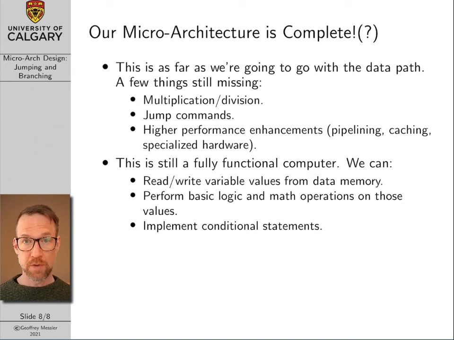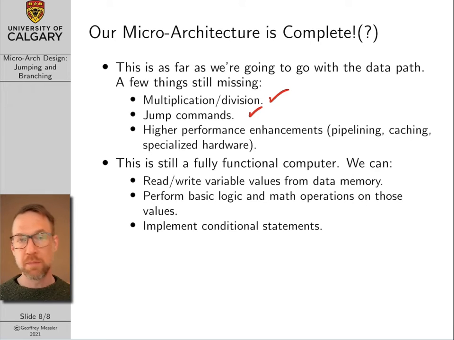There's a bunch of different calculation instructions, a whole bunch of different branch instructions, and a bunch of other ones that we haven't really touched on. Some notable omissions: we haven't talked about how to implement multiplication or division. We talked about the concept of the jump command, but we didn't actually implement it in our microarchitecture.